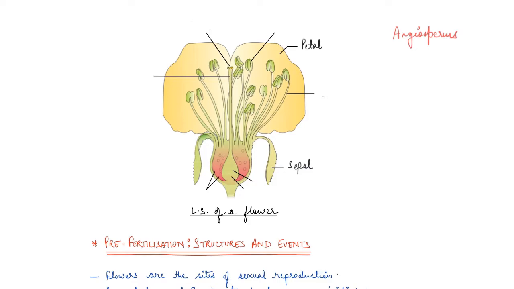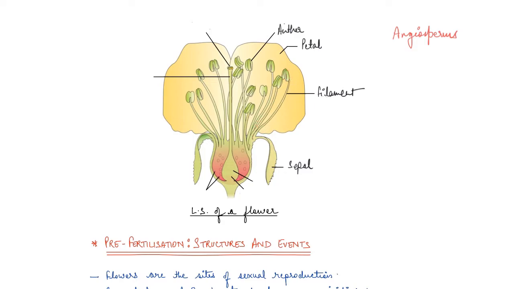Now apart from this, you have the male reproductive part of a flower, which is nothing but stamen. Now that is divided into anther and filament. So if you see this structure, this is nothing but stamen, which consists of anther and filament.